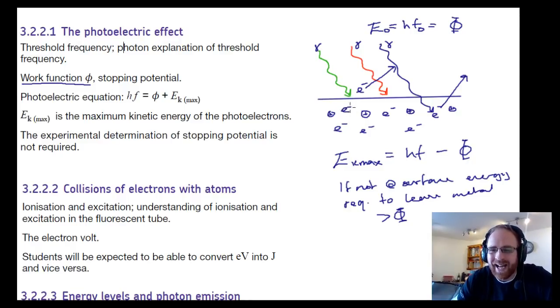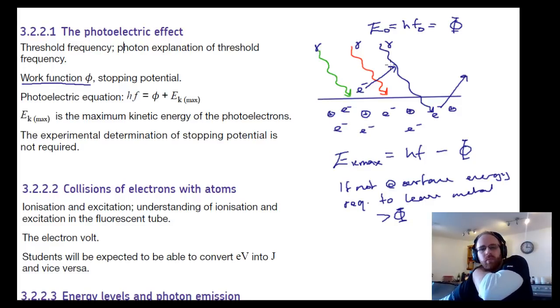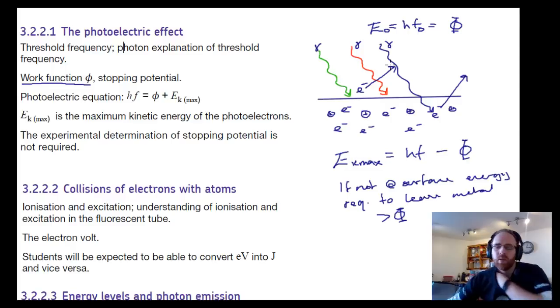The electron then has that much extra energy. If that much extra energy is enough, it can leave the surface of the metal. If it's not enough, the electron stays in the metal and might re-radiate a photon later. If it is enough, then the leftover energy from the photon goes into the kinetic energy of the electron that's leaving.